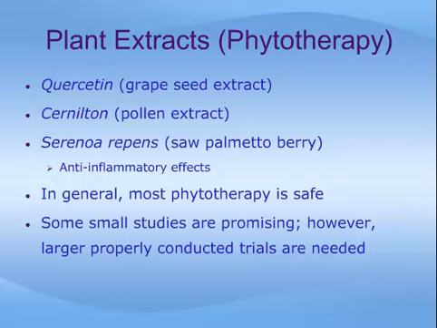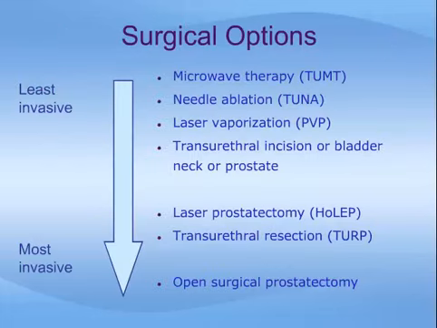Saw palmetto, or Serenoa repens, has also been very popular in patients with prostate problems. While some small studies have been done and are promising, it is still not clear just how effective they truly are for chronic prostatitis. Properly conducted clinical trials are needed, and some are now underway.